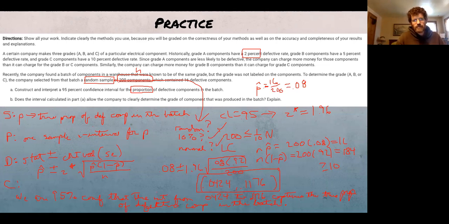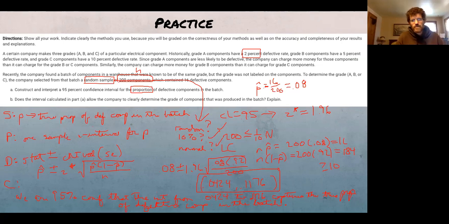What about B? Could it be grade B? So grade B is at 5% and grade C is at 10% defective rate.